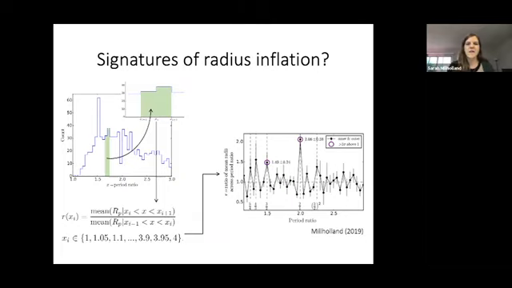You can see that the only places this happens are at the 3:2 and the 2:1 mean motion resonances, although you can also see some enhancements perhaps at these other first order mean motion resonances. The takeaway, a somewhat provocative idea, is that planets wide of mean motion resonances seem to have anomalously large radii compared to other planets in this distribution.